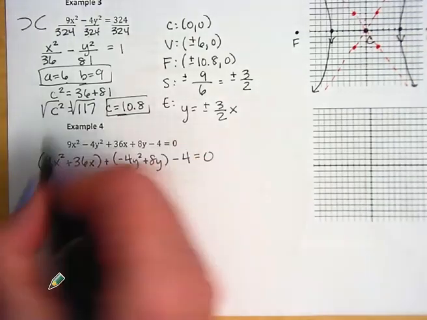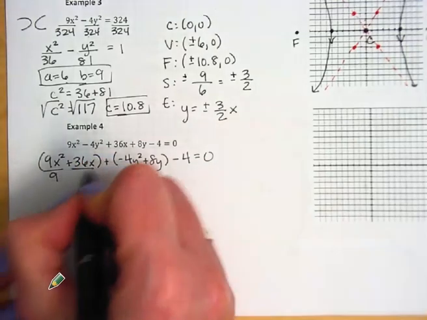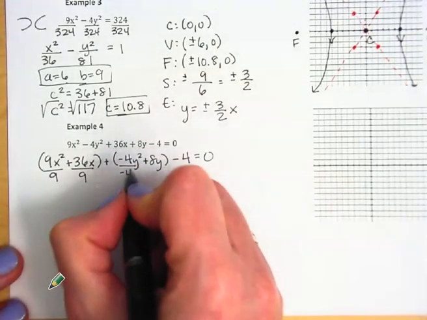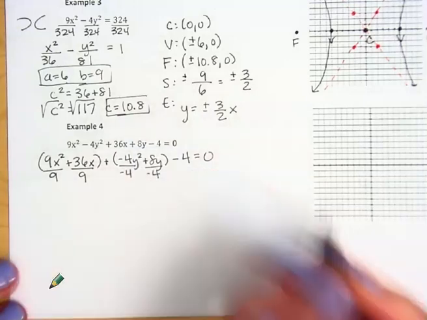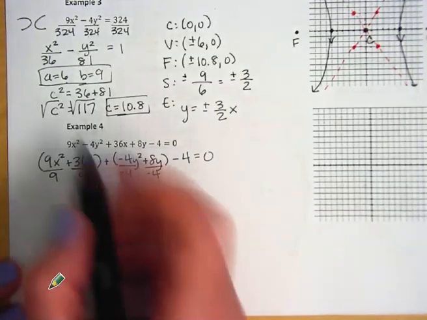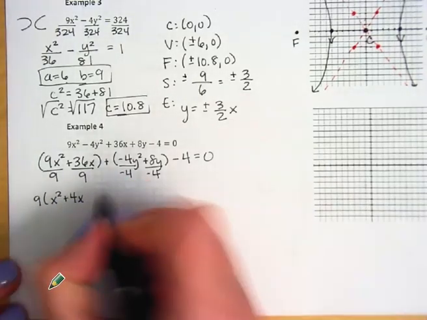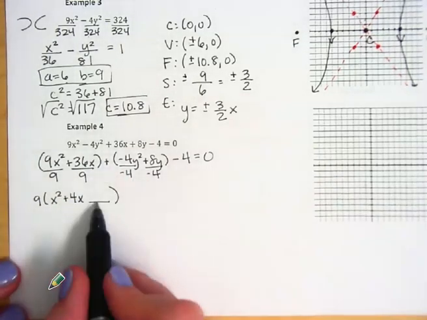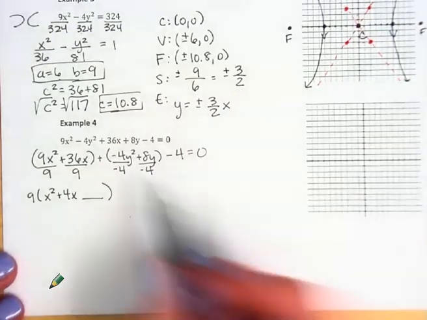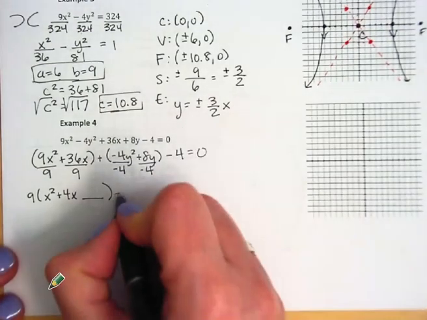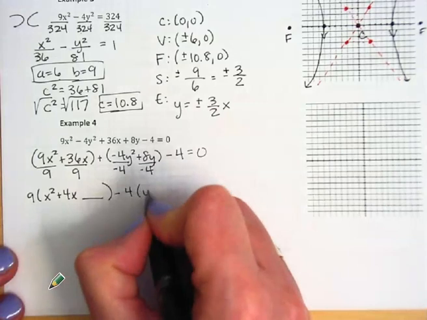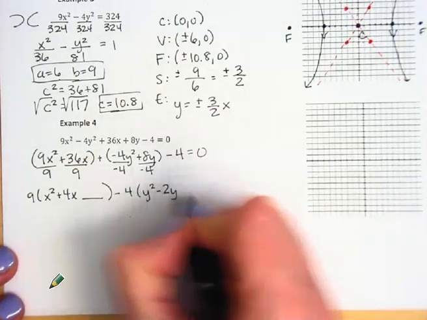So I'm going to start by dividing those out in the front. So this rewrites as 9 times x squared plus 4x. And I'm going to leave a space here because I'm going to complete the square in a minute. Then here we have minus 4 times y squared minus 2y, leave a space.